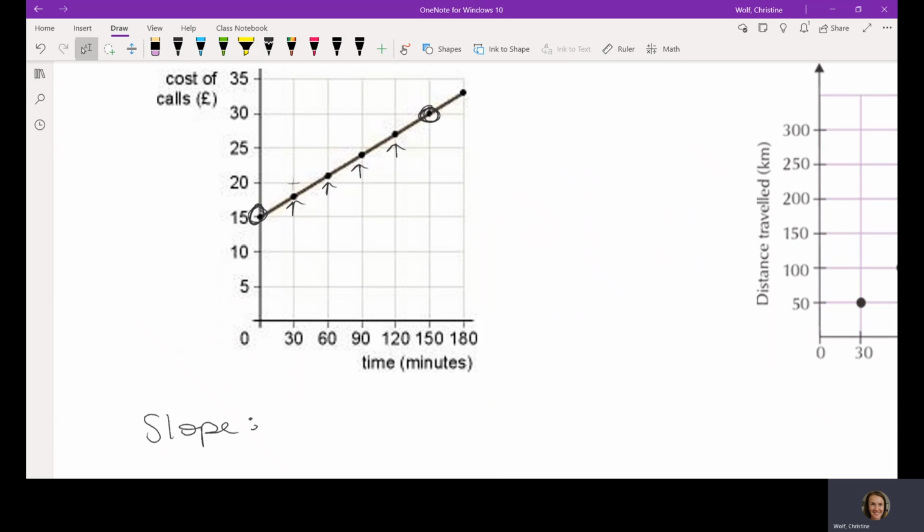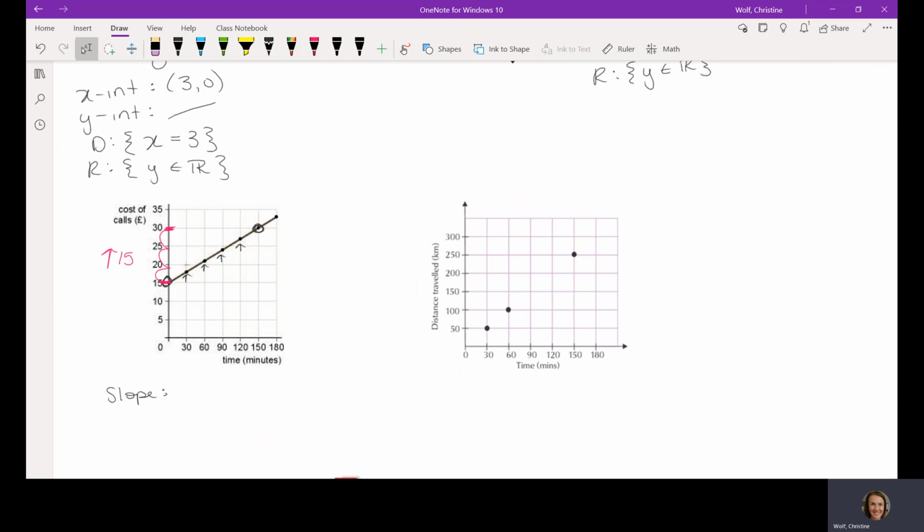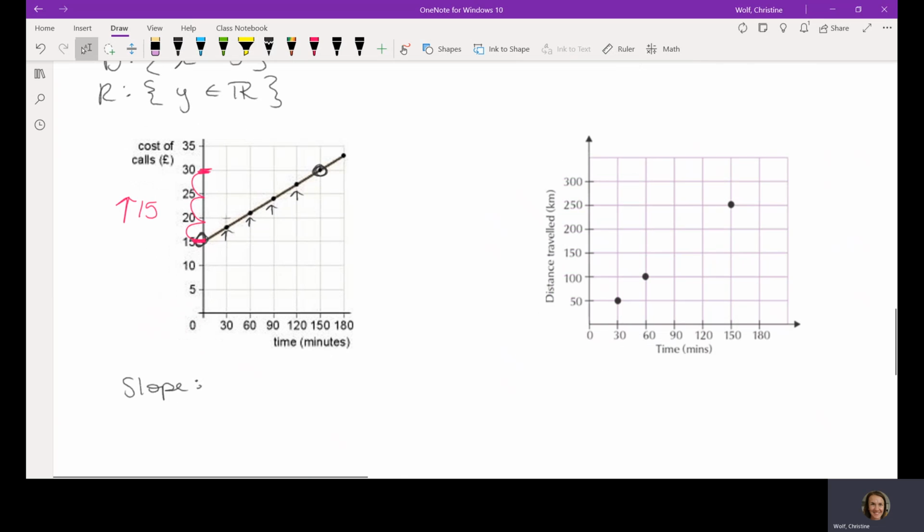So I'm always going to choose to hop between 2 perfect points because I know I'm never going to have to estimate my jumps. So when I'm doing my rise, I'm going to rise 1, 2, 3, but I didn't actually rise 3. You guys, I rose 15. Look closely, you started at 15, right? And you rose up to 30. So now we have to really pay attention to what the units are. In all the other examples, the unit was just 1. So if we rose 3, we know it was 3 units.